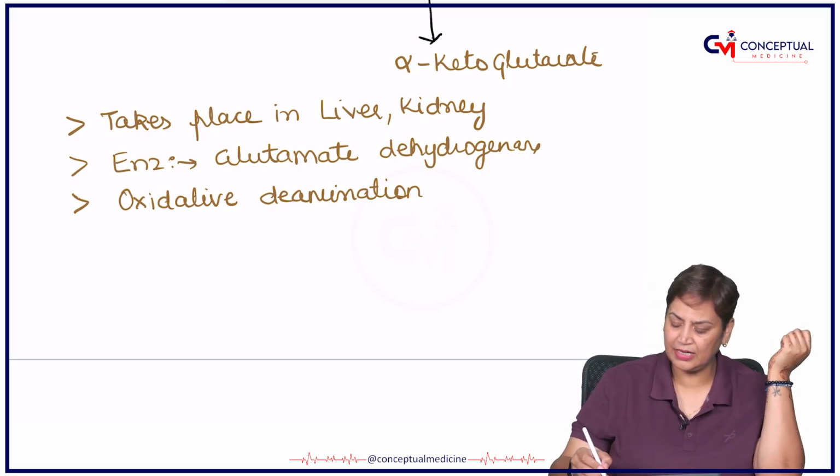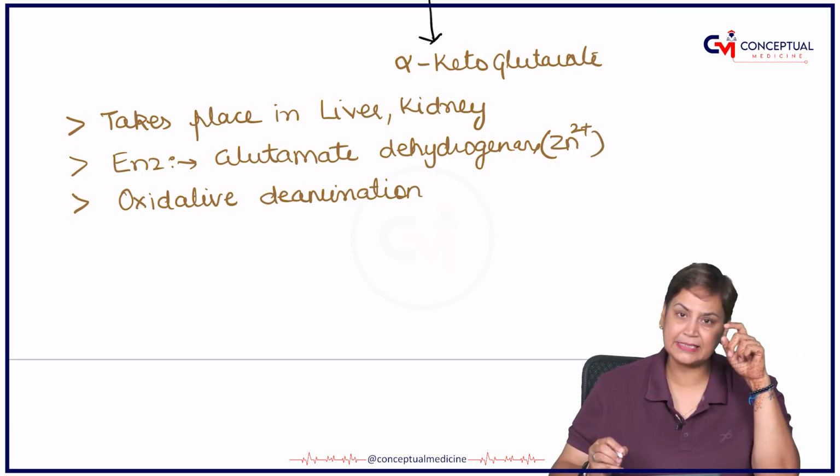This glutamate dehydrogenase is a zinc containing enzyme. It's a tetrameric enzyme.